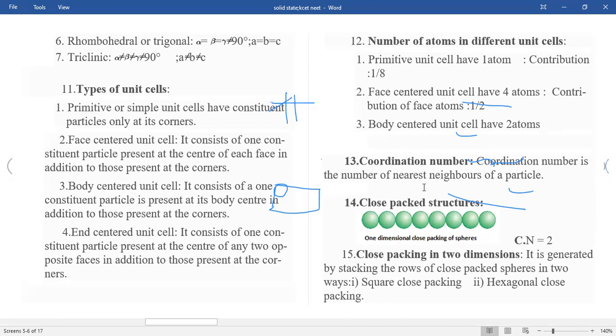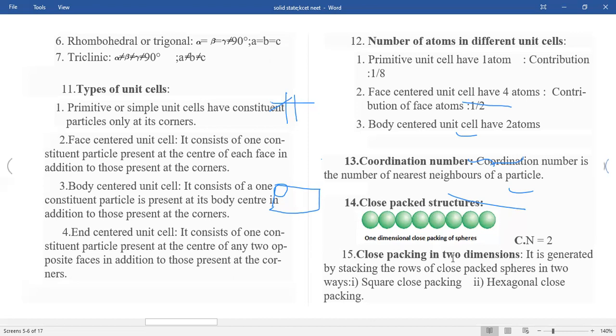Now come to coordination number. It is nothing but the number of nearest neighbors of a particle, or the number of atoms in contact with each other. Based on the arrangement of the unit cell in 1 dimension, 2 dimension, 3 dimension, you could explain the close packed structure.